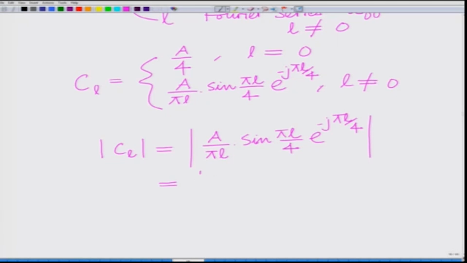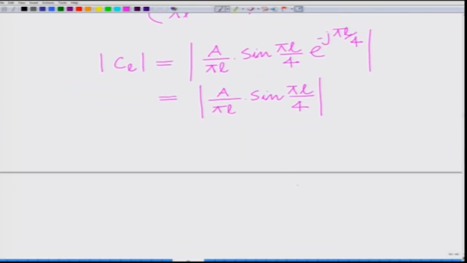So, this is simply magnitude of A over pi L times sin pi L by 4. This is known as the magnitude spectrum.